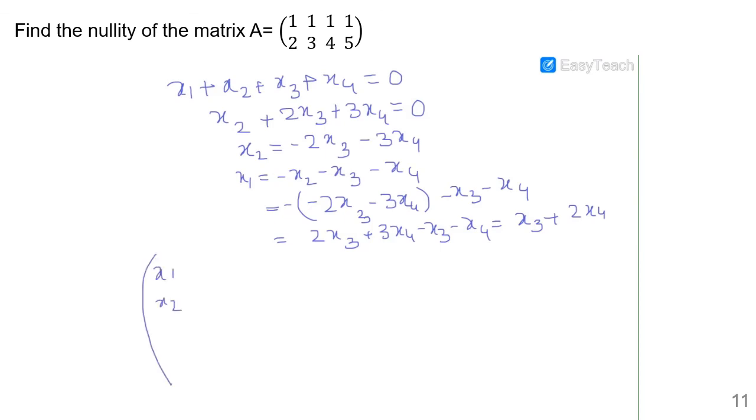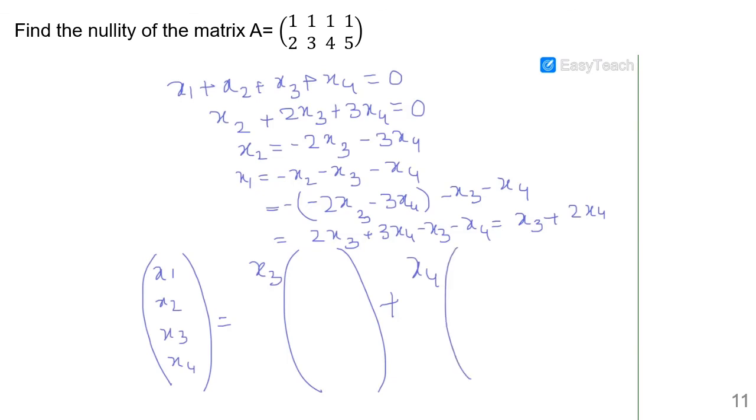Now, x1, x2, x3, x4 is equal to, the free variables are x3 and x4 multiplied by this column. Here x1 is equal to 1 into x3, 2 into x4, and x2 is equal to minus 2x3 minus 3x4. x3 is 1 and x4 is 1.